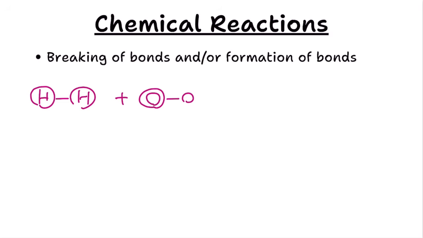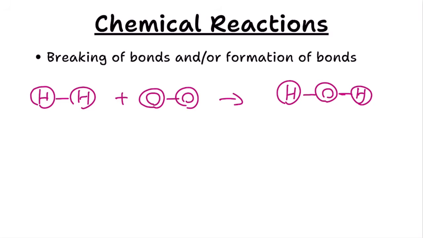The covalent bond between two oxygen atoms is broken, and then they form new bonds between the hydrogen atoms and the oxygen atoms. So breaking of the bonds has occurred. The formation of the bonds also has occurred. So this is a typical example of a chemical reaction.